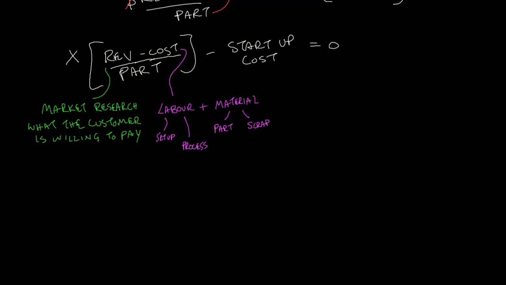And so if you look at this relationship, if you can sell the part for more, your profit goes up. If you can make the part for less, your profit goes up. So a manufacturer will focus on both of these.